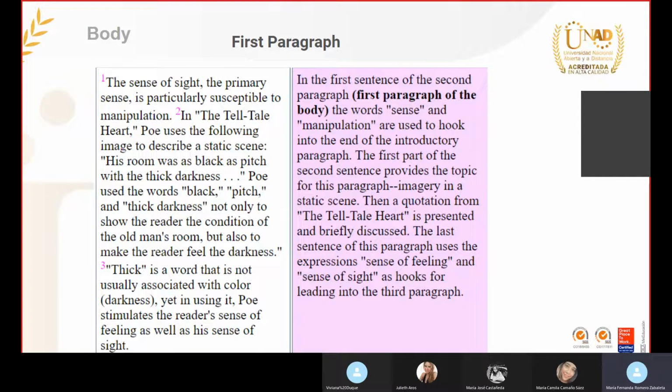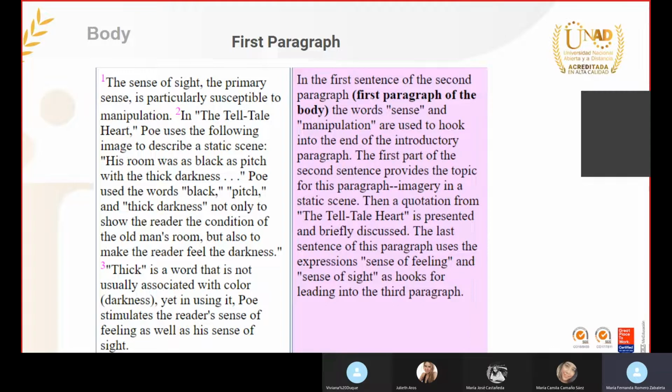So just by a description of the sight of the character in the story, he makes the reader go into the darkness of the scene. It's a static scene. Nobody is doing anything. Practically, there is nothing happening, nothing more than the main character looking at the place, right? And he's describing it.